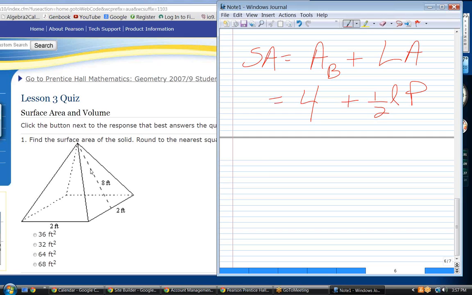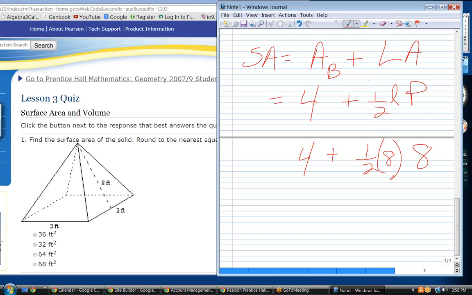It's more like the apothem height. So it'd be 4 times 8, or 32, plus 4 plus 1/2, the slant height is 8. Perimeter is 8 also. That 4 wouldn't go in there then.